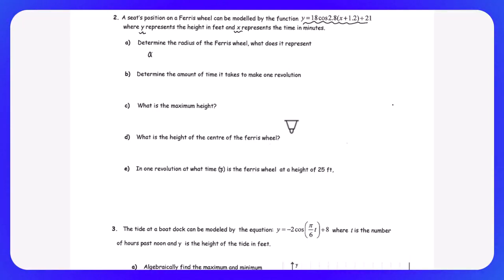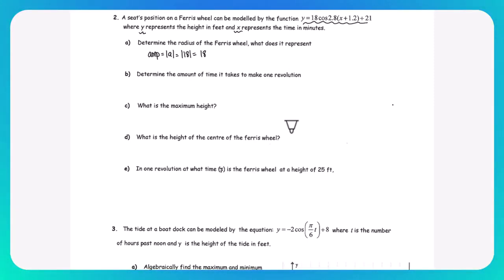So we need to determine the amplitude, but we know that equals the absolute value of A, which is the absolute value of 18, which is 18. So what is the radius? Well, the radius is 18, and we've got to make sure we have our units, so it's going to be 18 feet. So that is the radius.